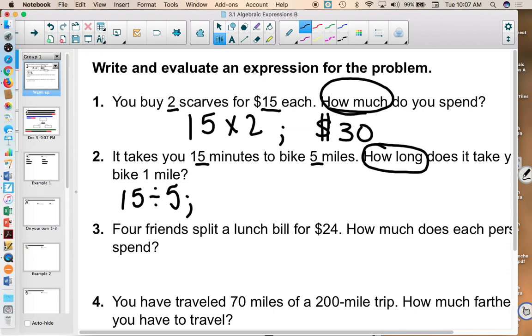how long does it take you to bike 1 mile? How long is it taking you? How long, Josie? 3 minutes. 3 minutes.